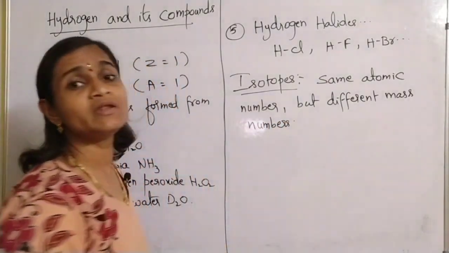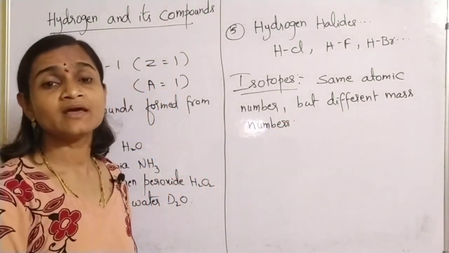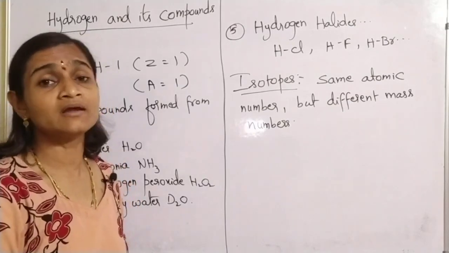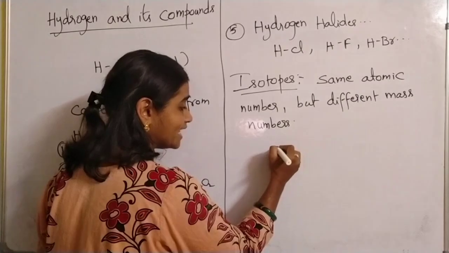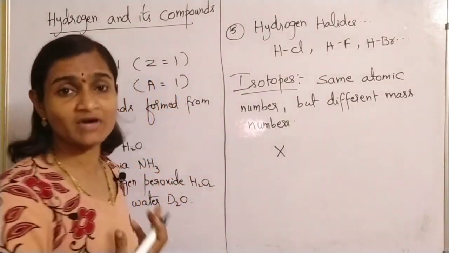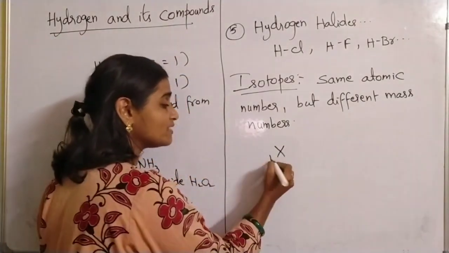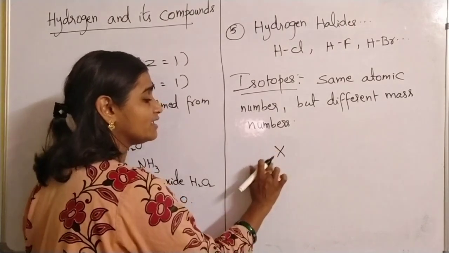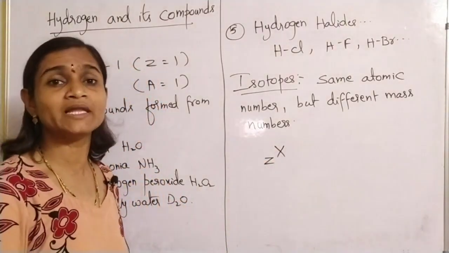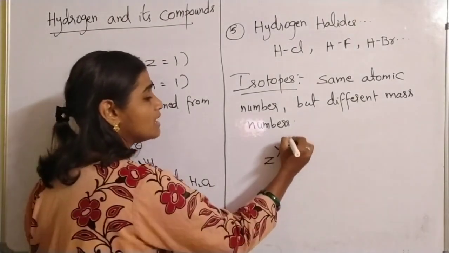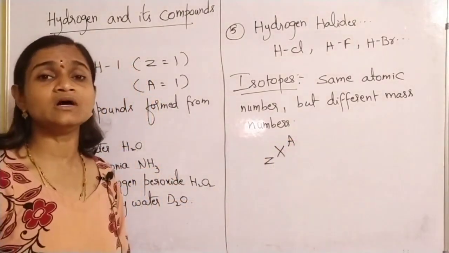Generally we represent any element in terms of its atomic number and its mass number. Suppose X is an element, its atomic number, generally represented by the letter Z, we will write down, and the mass number you will write on the top.